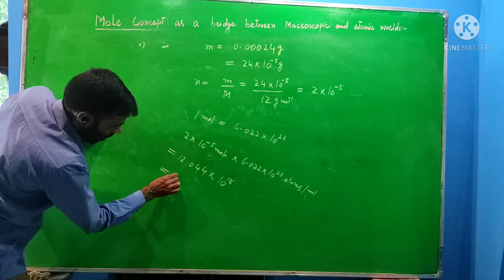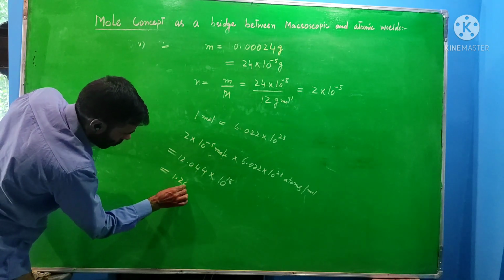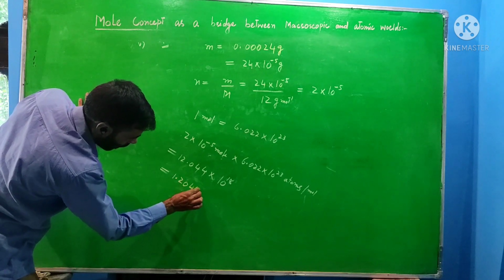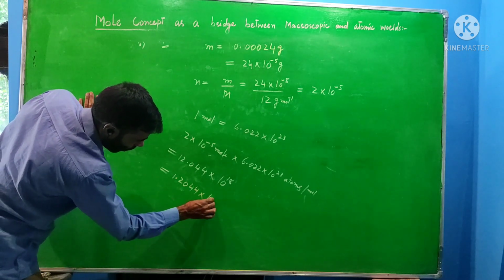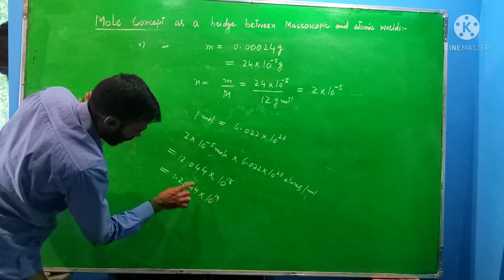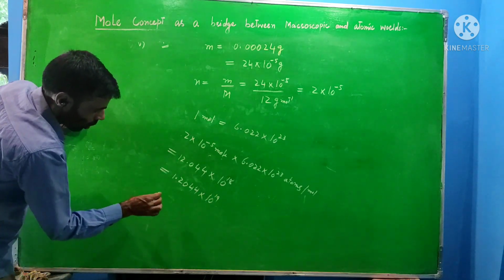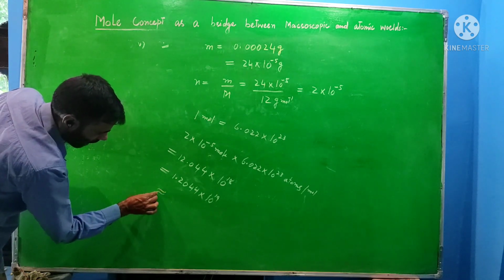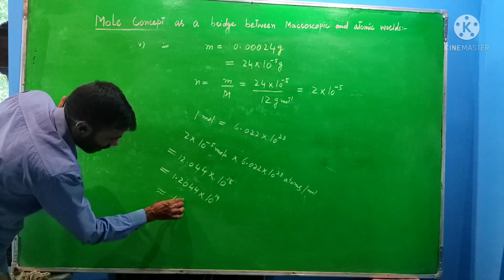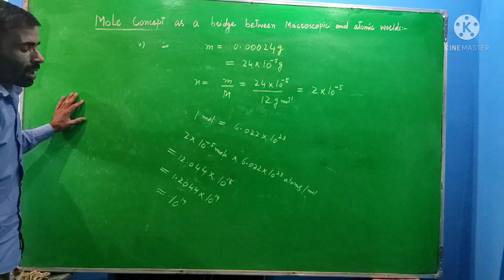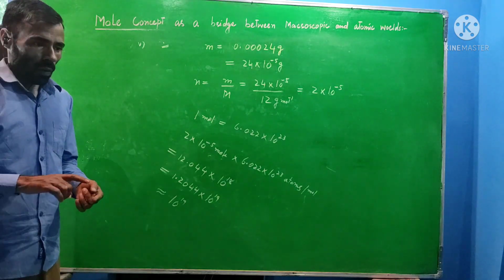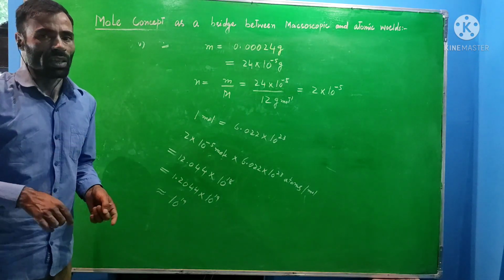I will write this as 1.2044 into 10 raised to the power 19, because I will write 12 as 1.2 into 10. So approximately 10 raised to the power 19 carbon atoms are present in the sharp pencil dot.